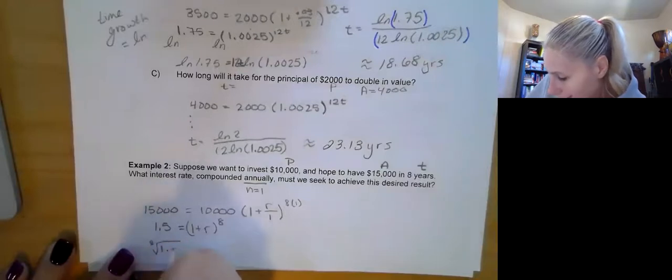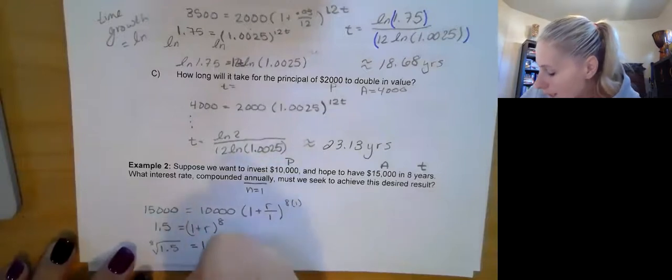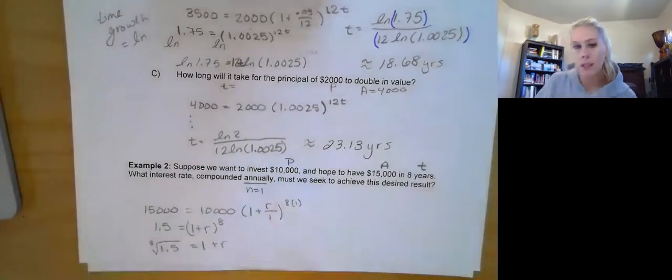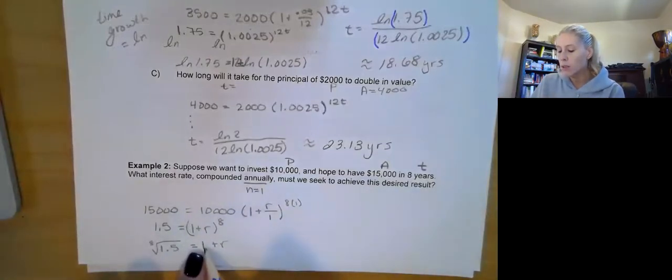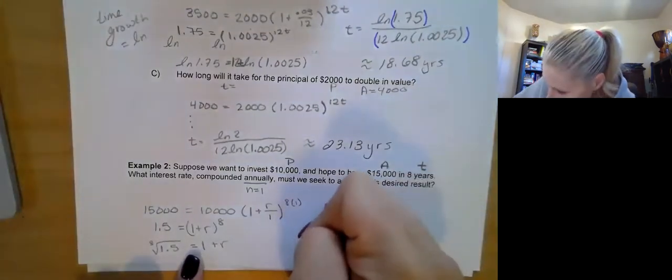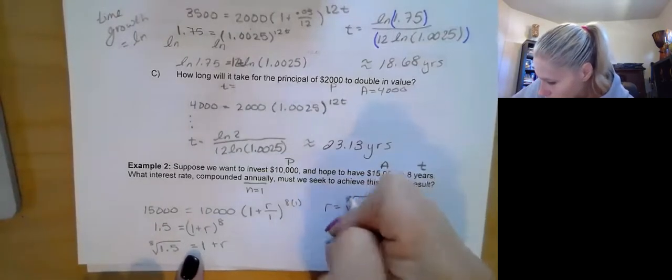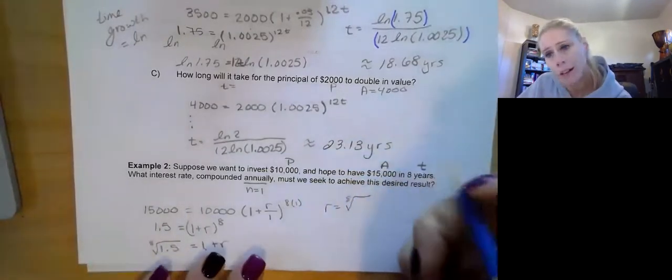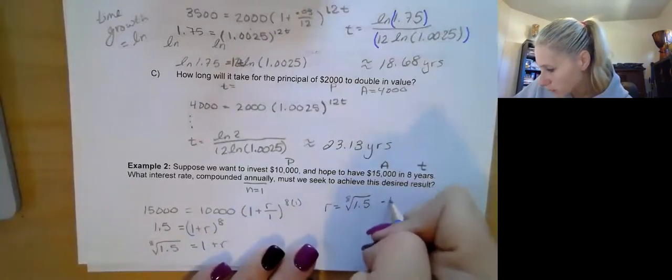Again, I'm not going to plug it into my calculator until the very last moment because I do not want us to start estimating within a problem, okay? So then I'm going to subtract 1 from both sides. So I get r equals the 8th root of 1.5 minus 1.